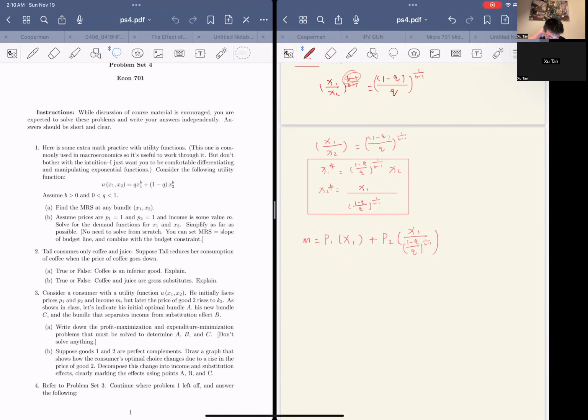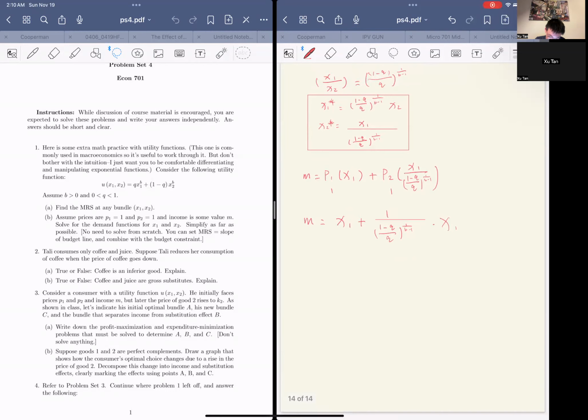So m equals x1 plus the ratio term times x1.